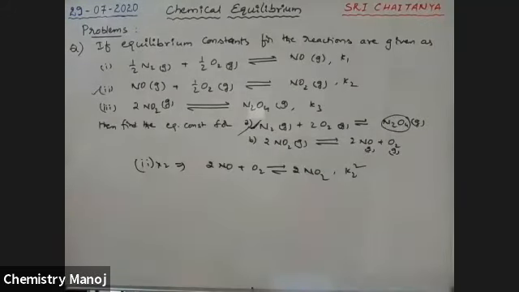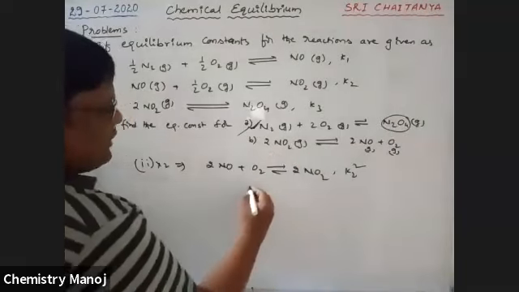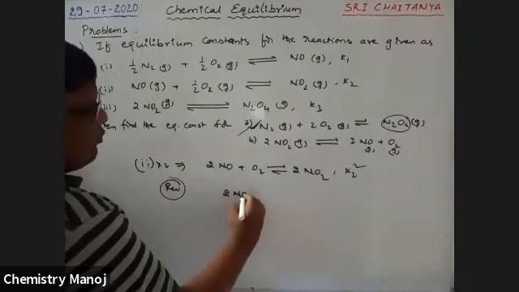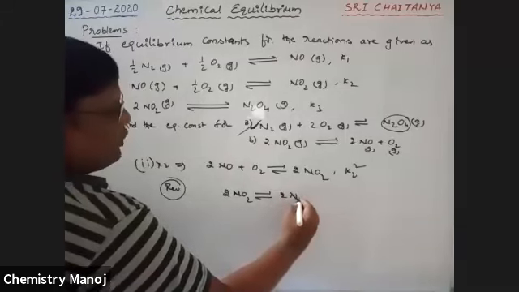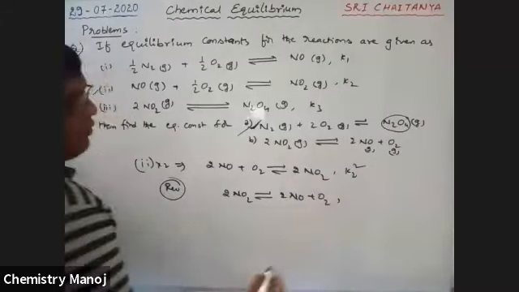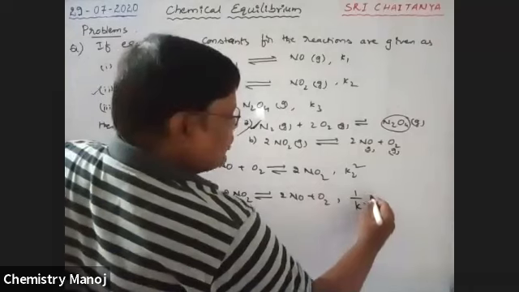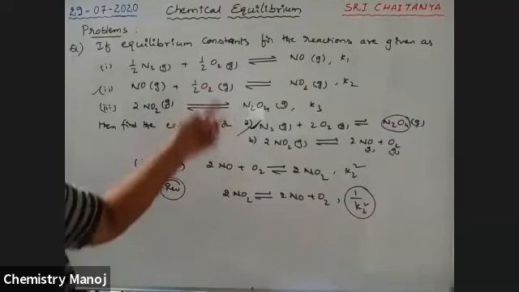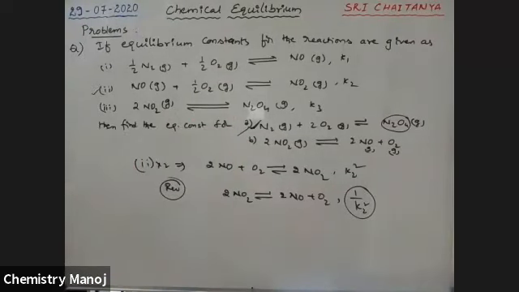But we want the reverse equation, so reverse this equation: 2NO2 reversible with 2NO plus O2. If an equation is reversed, K becomes 1 by K, so it is 1 by K2 square. This is the way to calculate using these equations. Okay, so this is one model. Next one.